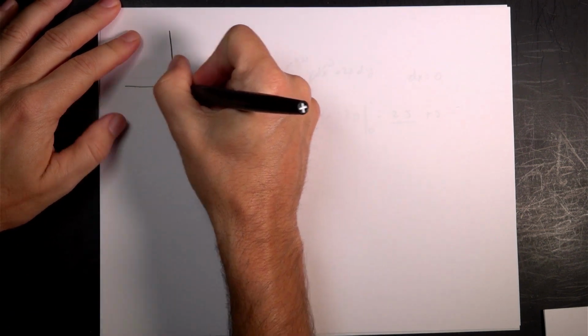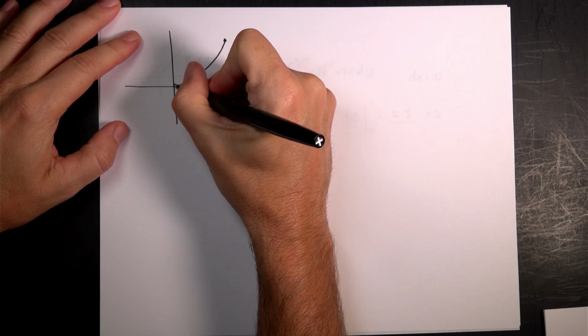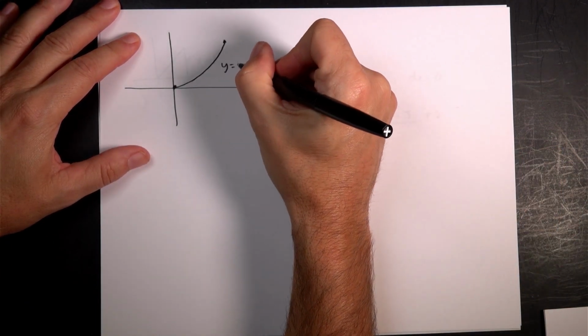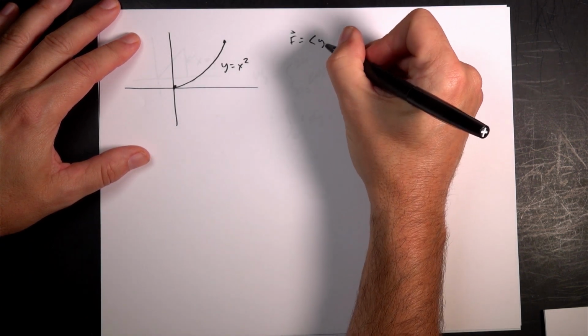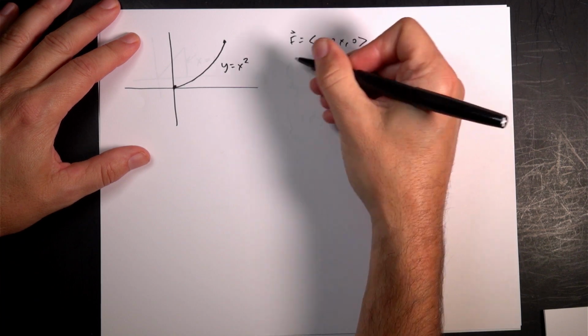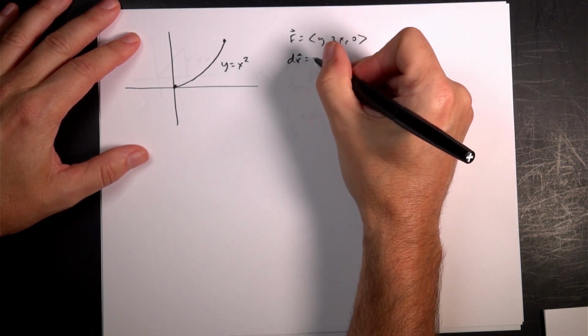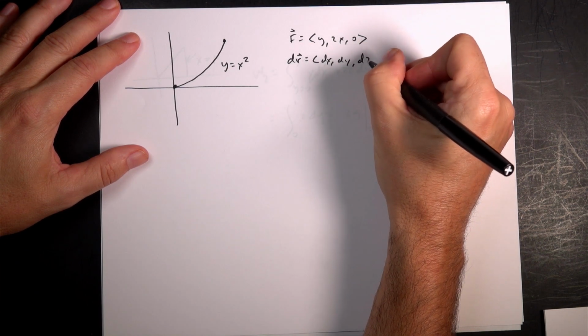So now we're going this way. Okay. And this is the equation of that line, y equals x squared. F is equal to the vector y, 2x, 0. And then dr is the vector dx, dy, dz.